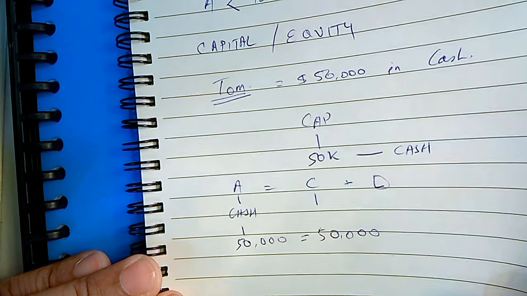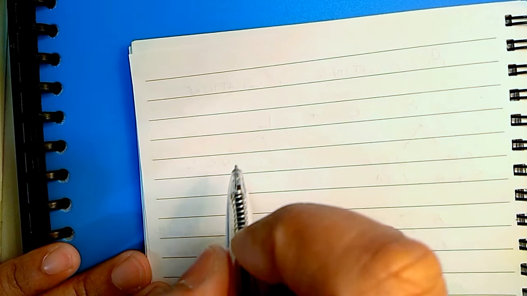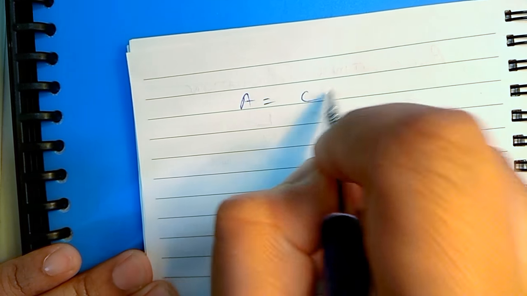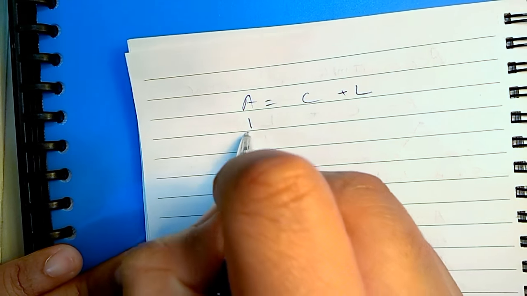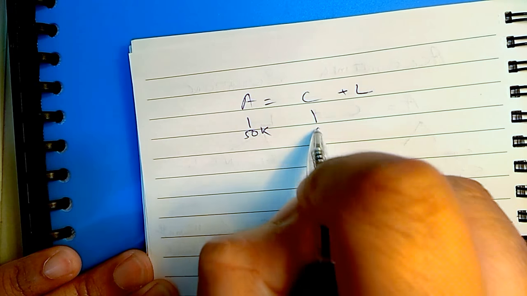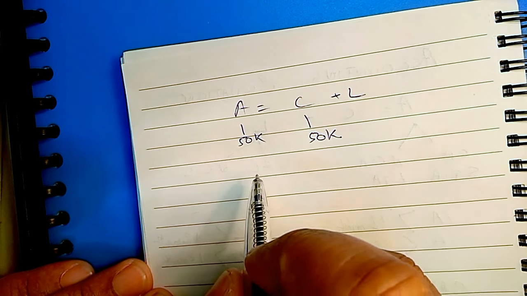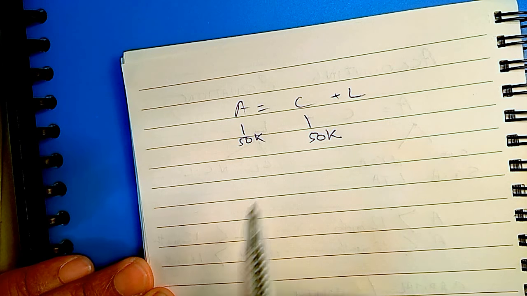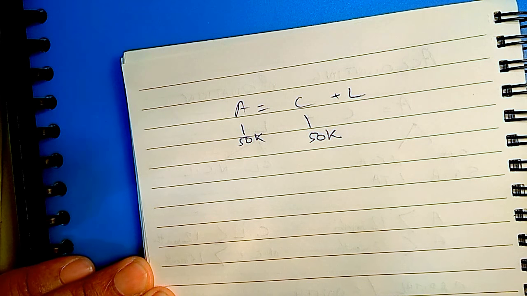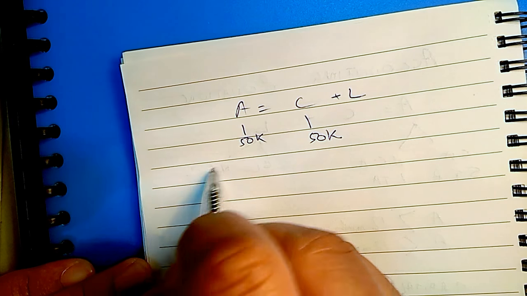Now we'll move on a bit further. Assets equals capital plus liabilities. We have 50K and 50K. Let's say Tom thinks of buying some furniture, which will cost him $25,000.